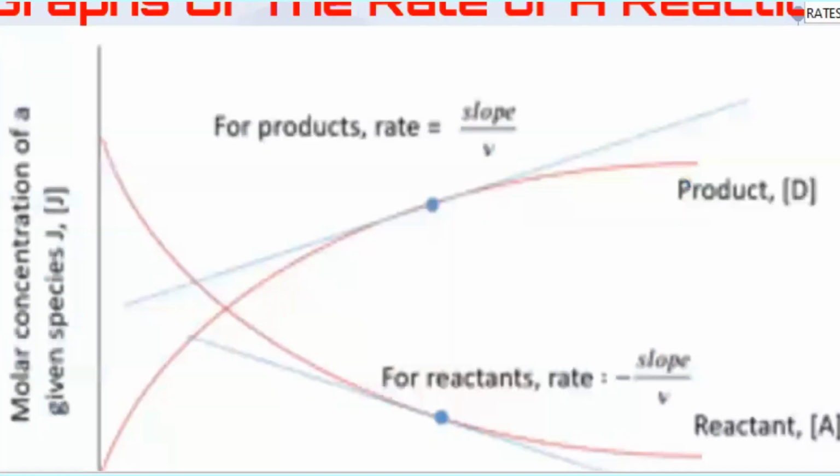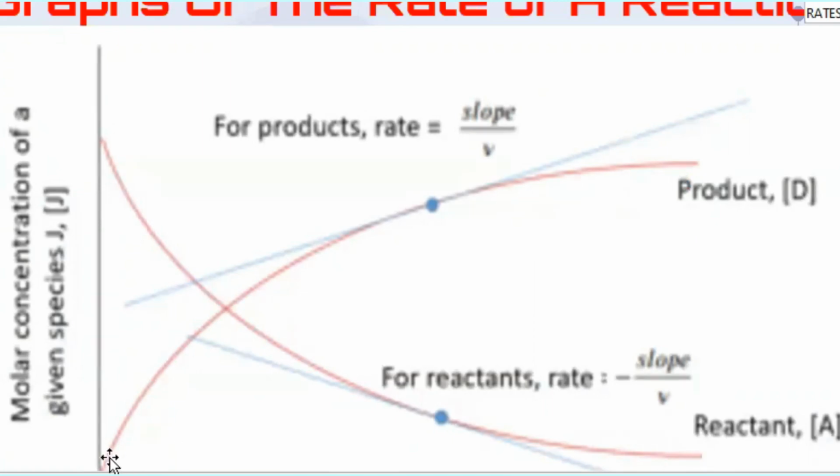The rate of chemical reaction can be expressed graphically just like this. This is the concentration of the reactants, which gradually decreases when the reactants disappeared or were consumed during the chemical reaction.